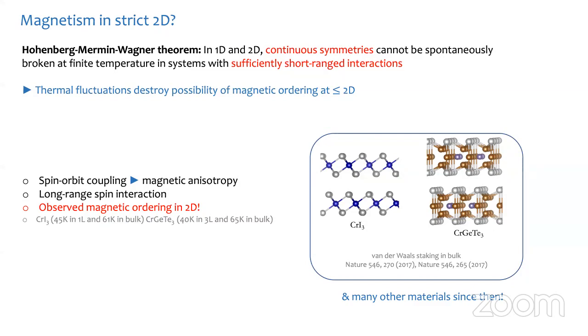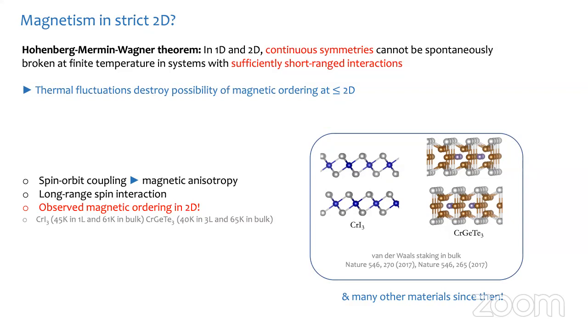So the first order consensus is that ordering is not possible, following this celebrated Hohenberg-Mermin-Wagner theorem. Okay. However, the continuous rotational symmetry of spins can be broken if you have a spin orbit coupling in the system, which in turn gives rise to magnetic anisotropy.